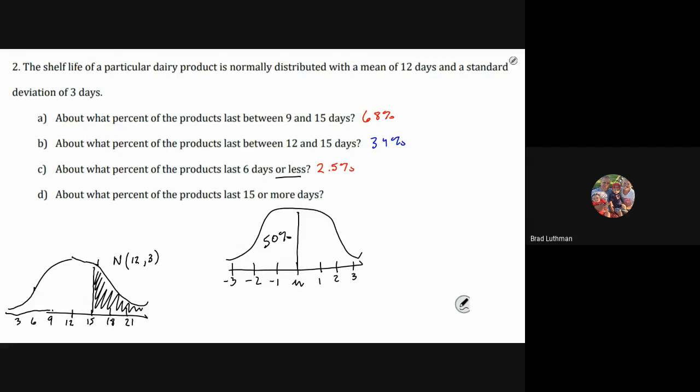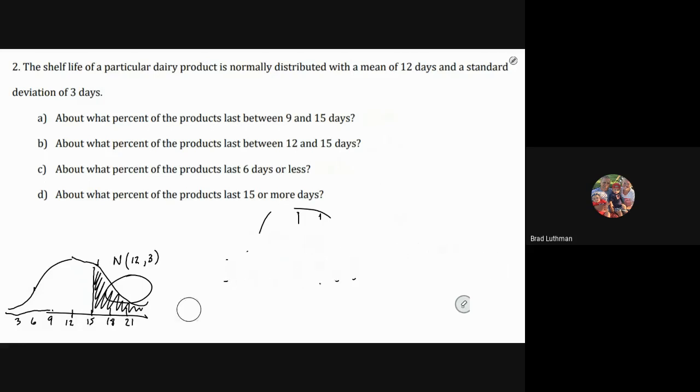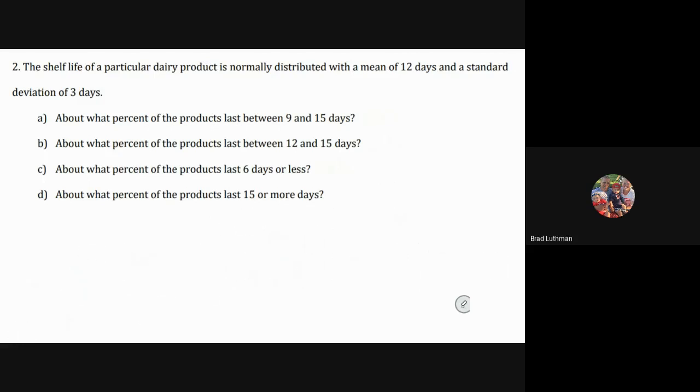What we then know from problem B is that this was an additional 34%. So we've used up 50 plus 34, we've used up 84%, meaning the shading that we've got left right over here has to be 1 minus 84, which is 16%. And this is how we're just going to basically torture this 68, 95, 99.7 rule over and over and over and over. Let's see if we come across anything more.